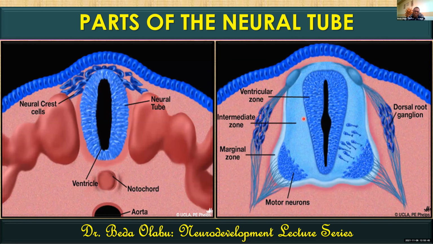So initially, that's what we have. Then as time goes by, we see some differentiation on the wall of the neurotube, as you can see in this particular image. I want to use the next image to show us better how this happens.